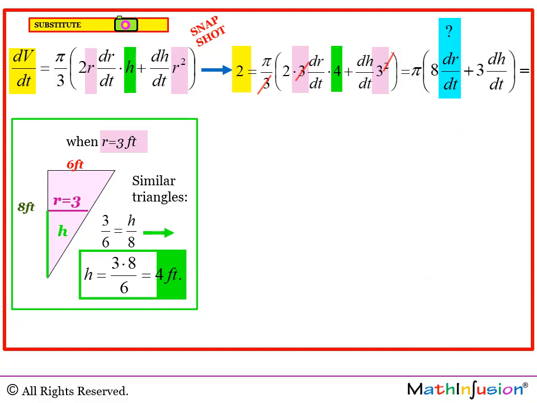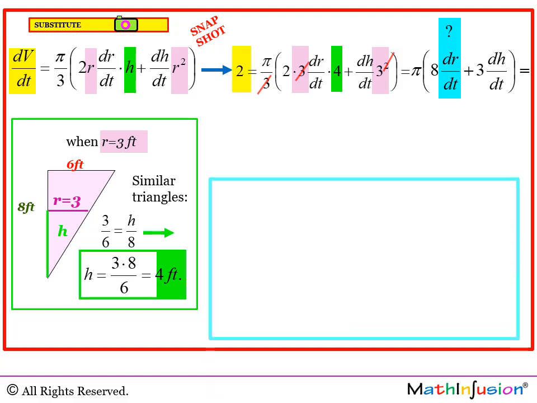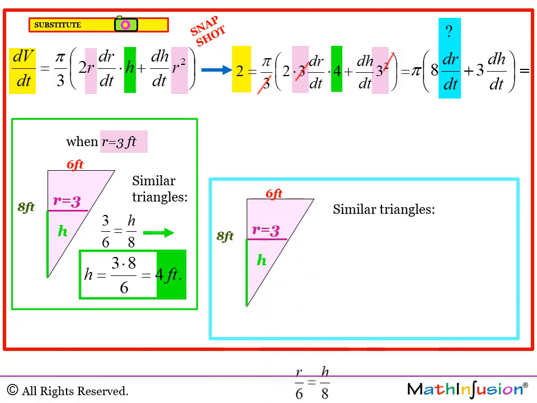Now I have one big problem. I need to find dr/dt. There's no way really directly to find it, but to find it I'm actually doing a small related rate problem that is within this much larger related rate problem. Because of similar triangles, I can find dr/dt as a function of dh/dt because r is a function of h.